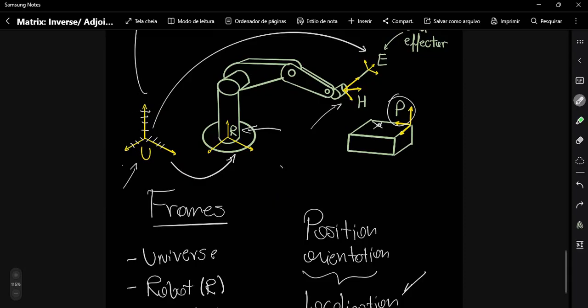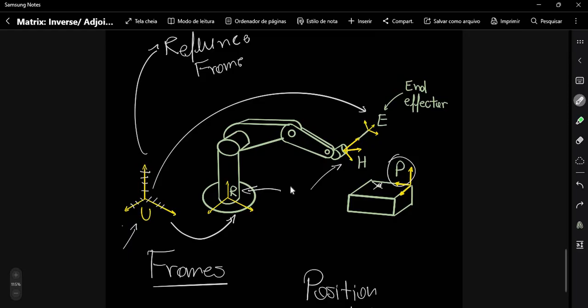So we can write the transformation of the end effector in relation to the reference frame U. The transformation of the frame E in relation to the frame U is how we can know the final position and orientation, where this tool is going to be localized at the end of the task.